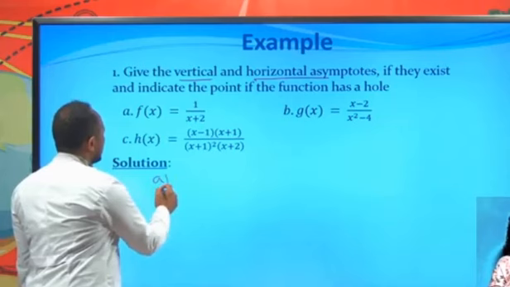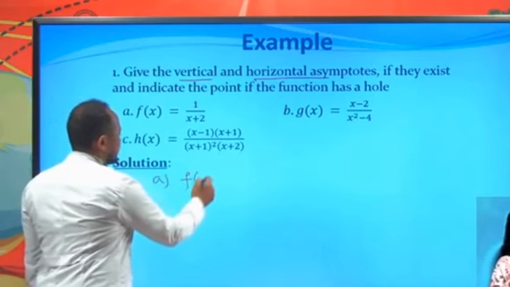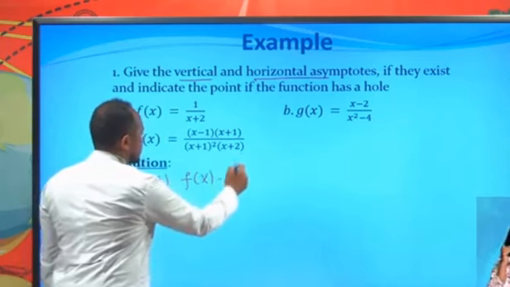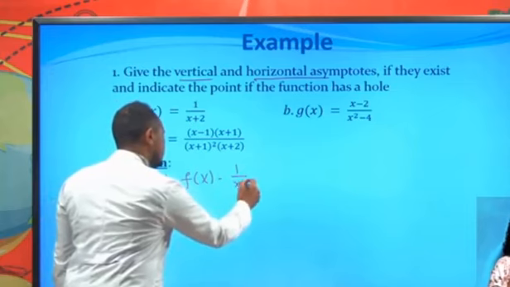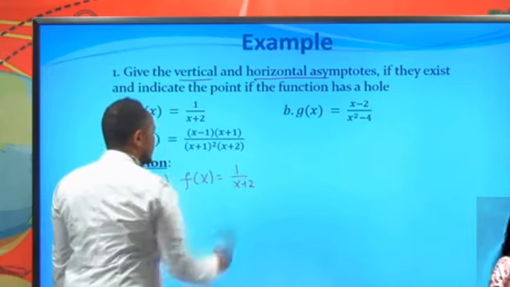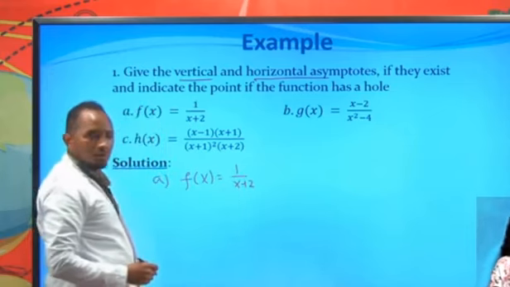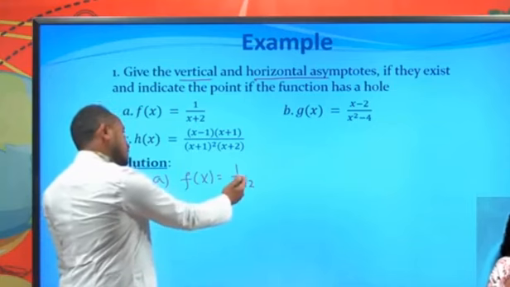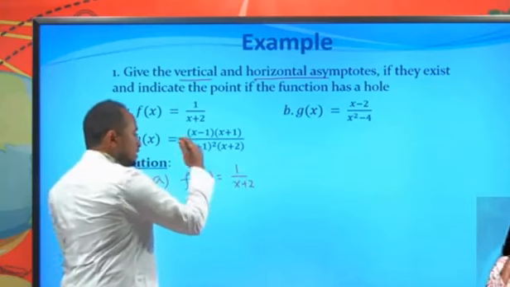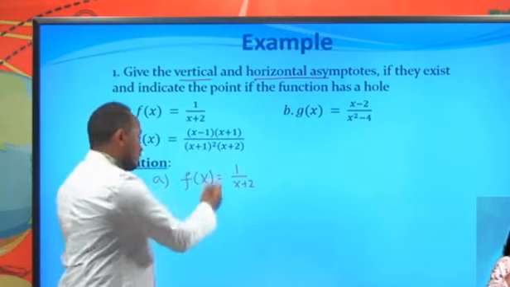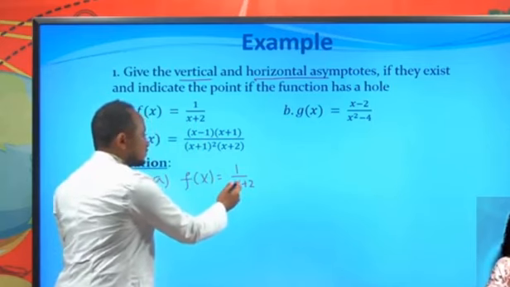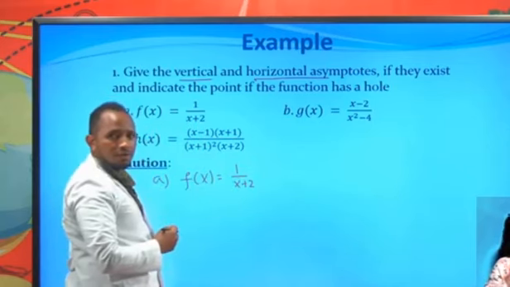From this you can see that negative 2 makes the denominator 0, but it cannot make the numerator 0. So we have x equals negative 2 as the vertical asymptote.